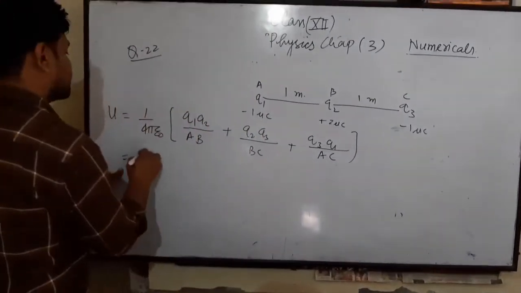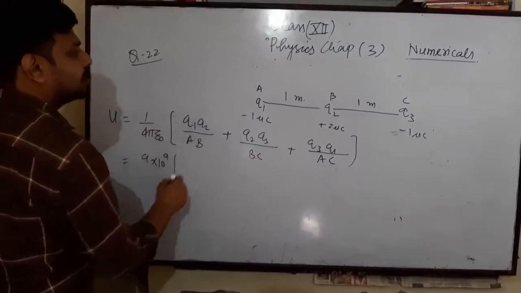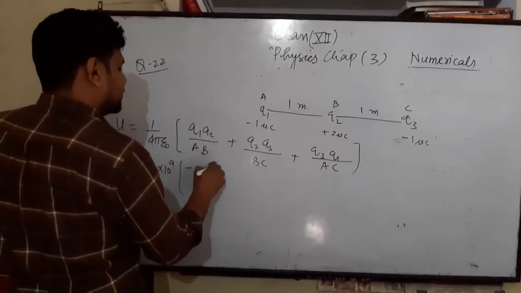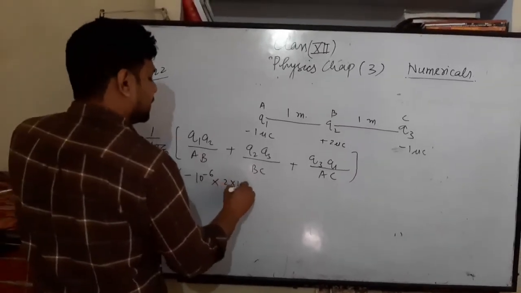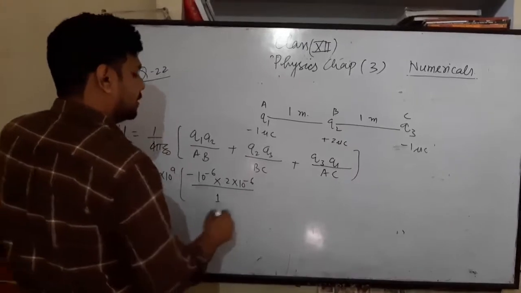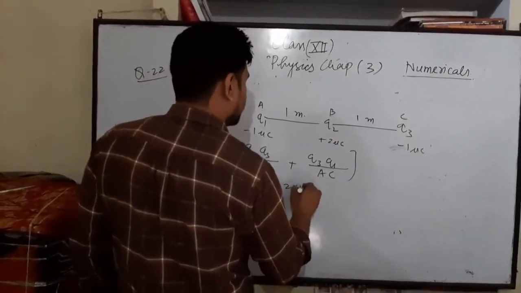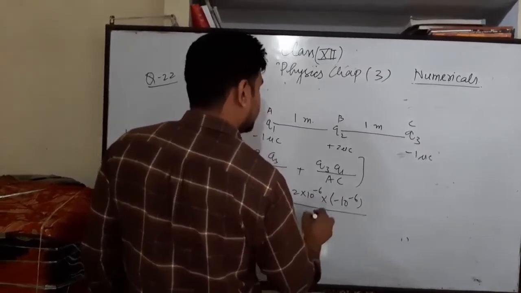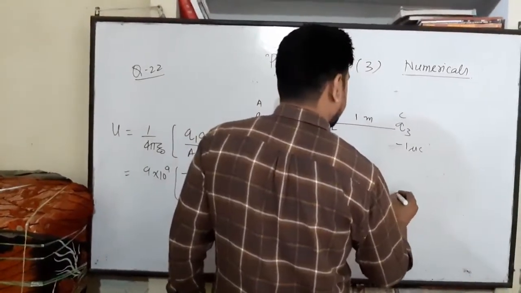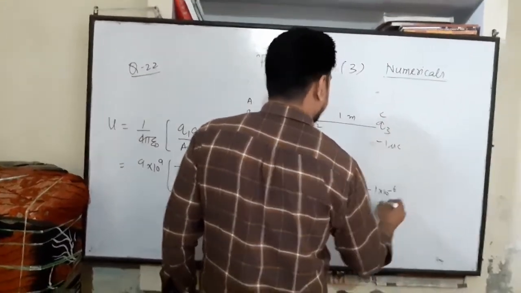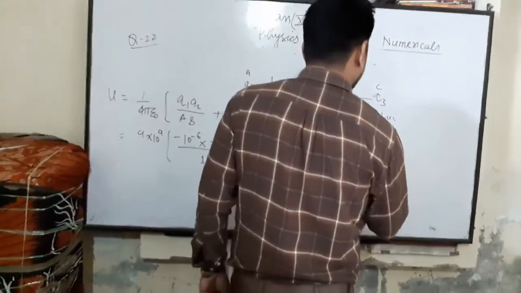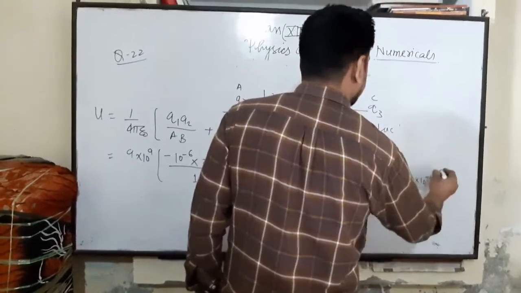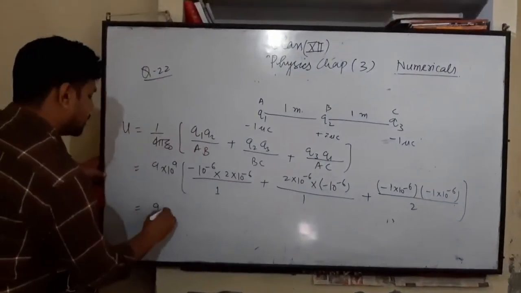This is 9 into 10 to the power 9, Q1 is minus 1 into 10 to the power minus 6, Q2 is 2 into 10 to the power minus 6, upon AB which is 1, plus 2 into 10 to the power minus 6 into minus 1 into 10 to the power minus 6 upon 1, plus Q3 minus 1 into 10 to the power minus 6 times Q1 minus 1 into 10 to the power minus 6 upon AC, which is 2.